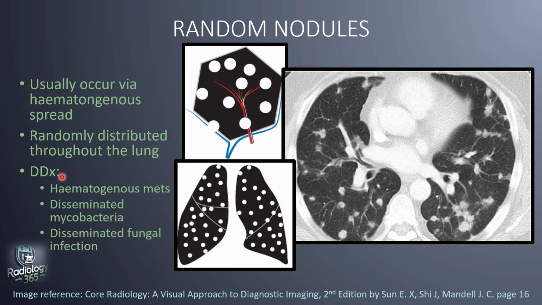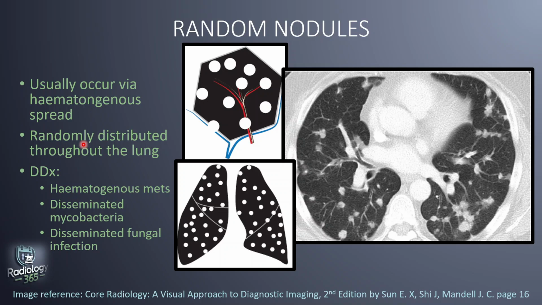Then for random nodules, as the name implies, they are distributed randomly. So you may see some of them along the pleural surface, you may see some of them appearing a little centrilobular, and it's just that it doesn't follow a particular pattern as either perilymphatic or centrilobular. It's just, as the name implies, random.